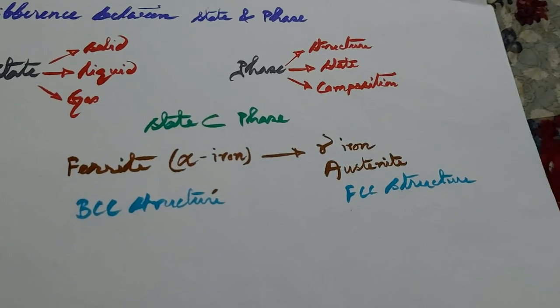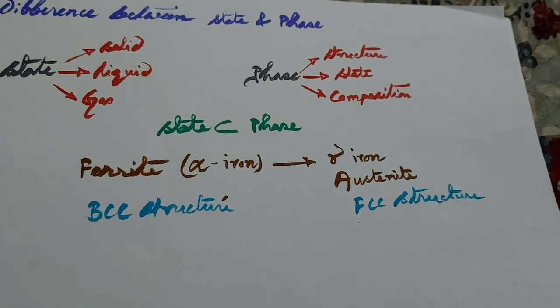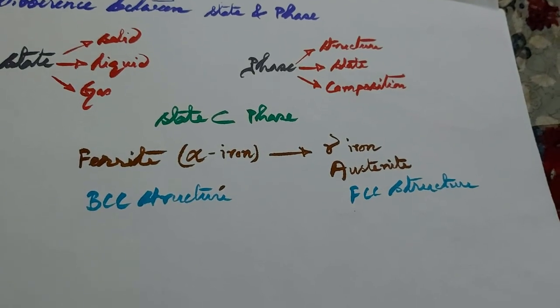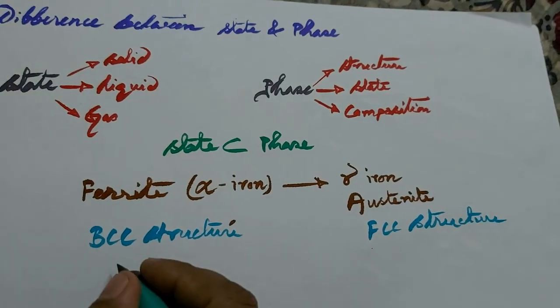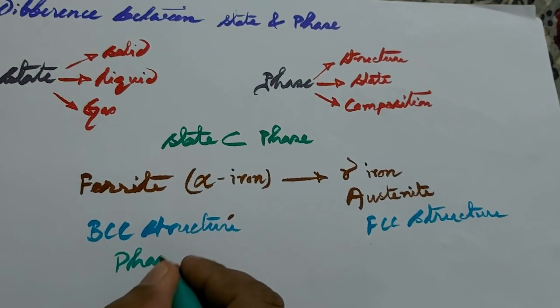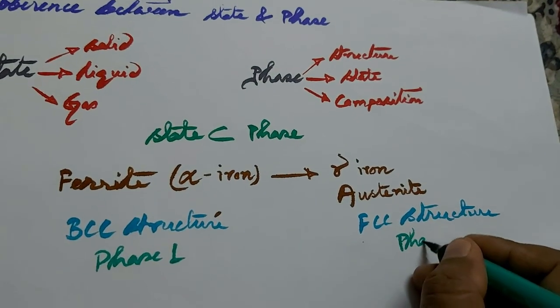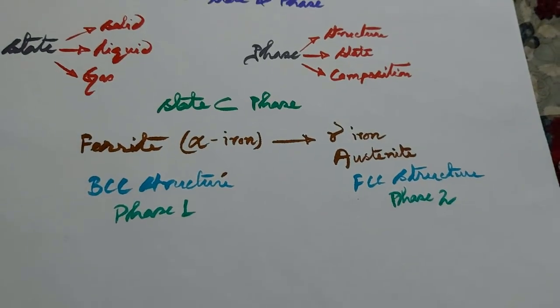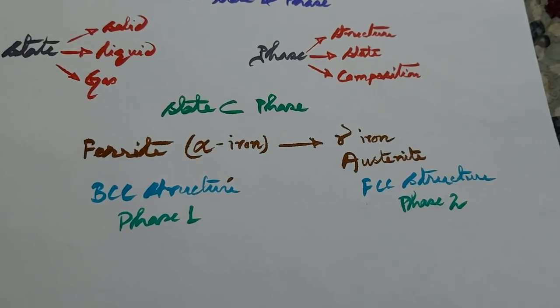So due to this different structure, we will see ferrite is one phase and austenite is another phase. Let's say this is phase 1 and this is phase 2 due to difference in their structure.